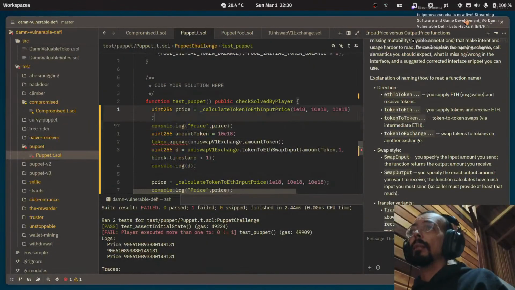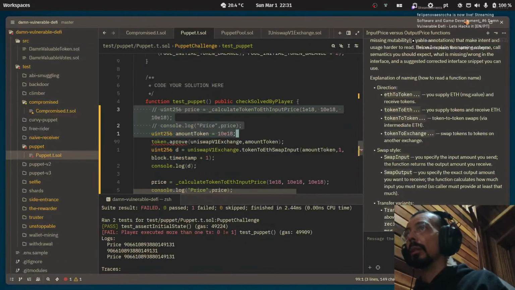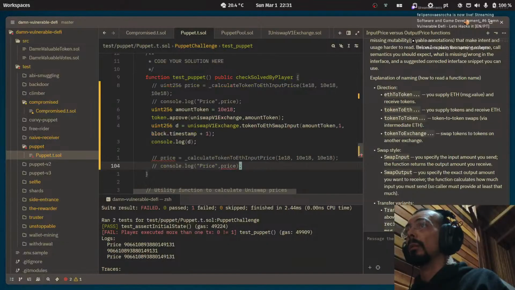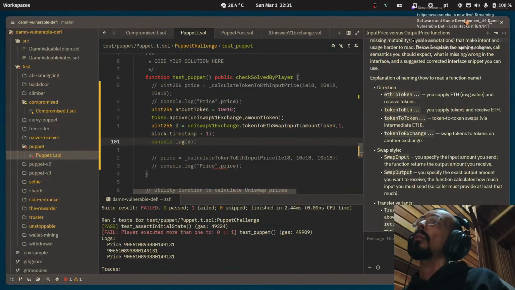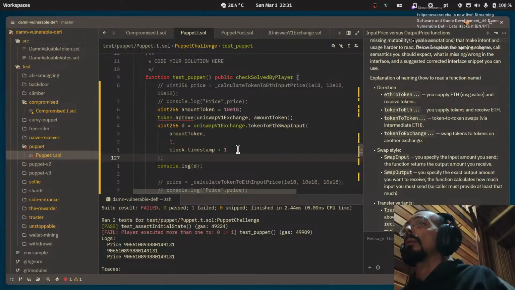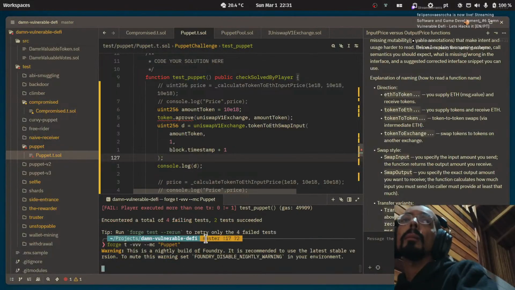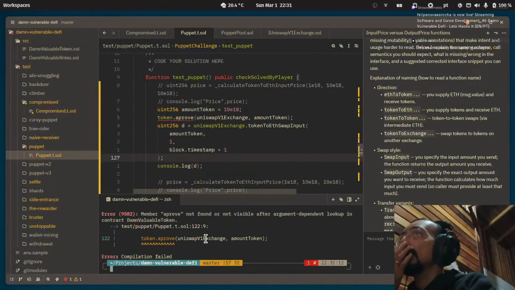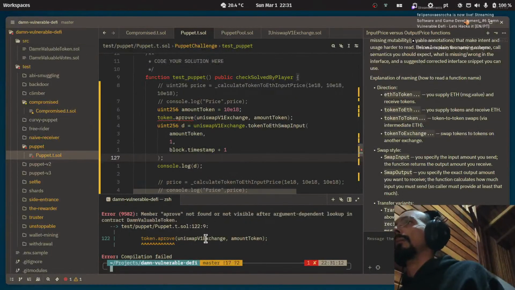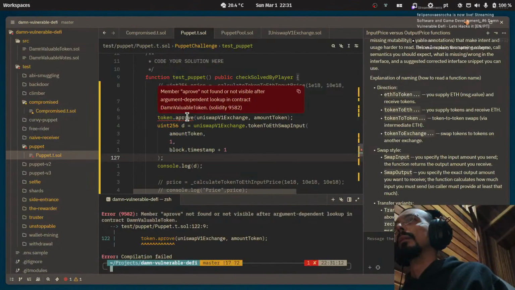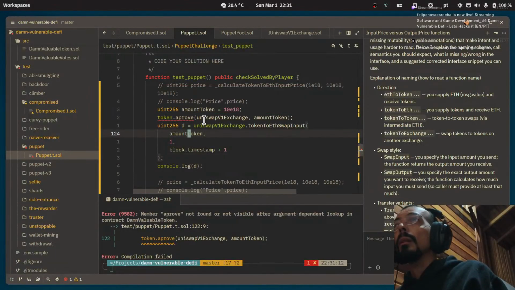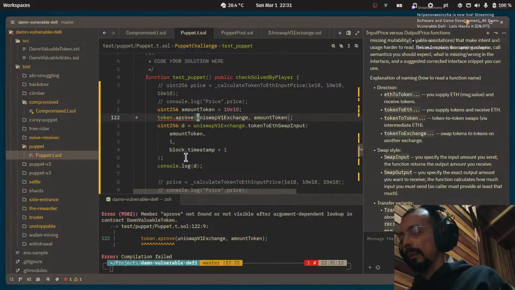Okay, so these calculations don't make any sense anymore for now. And let's see what's gonna happen. So I send in 10 and take out 10 probably. Yeah, approve is missing something. This should be address.